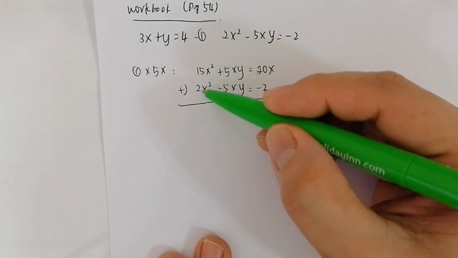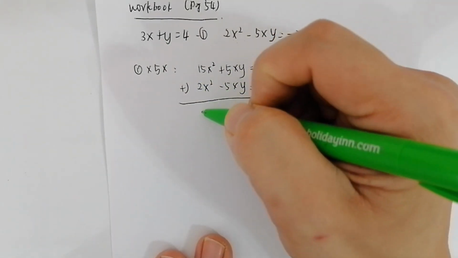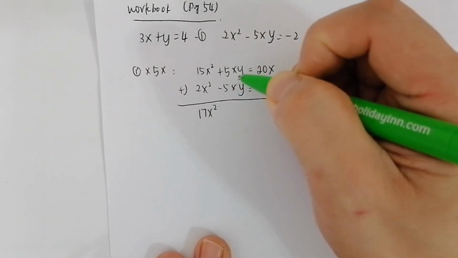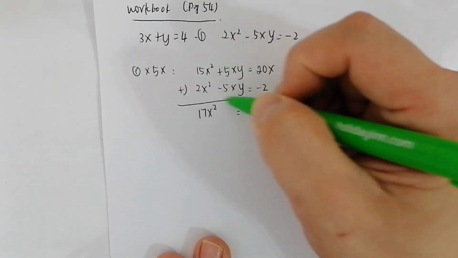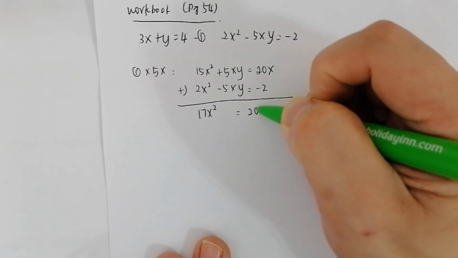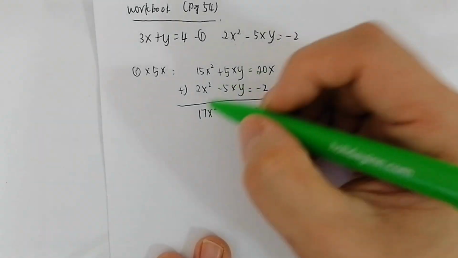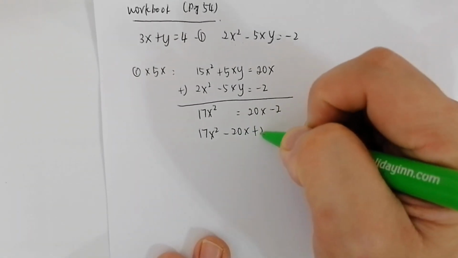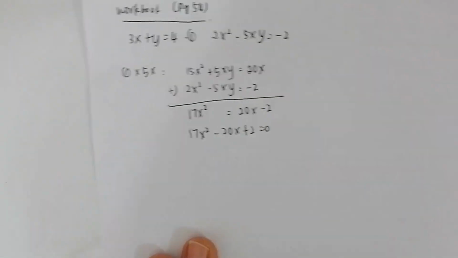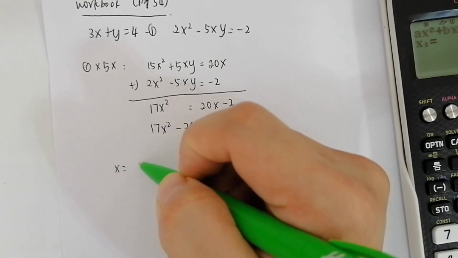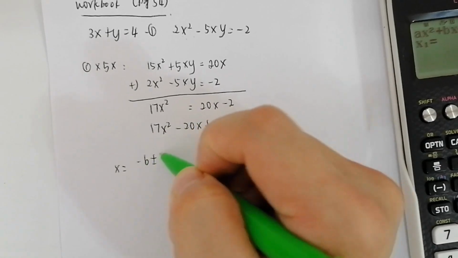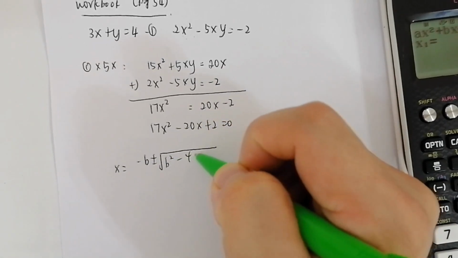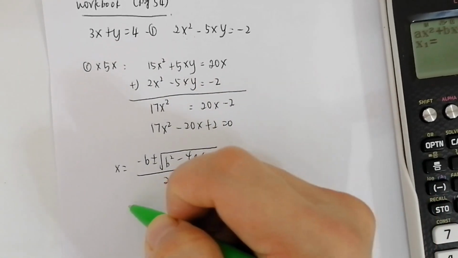So here, 15x squared plus 2x squared, we are going to get 17x squared. Here, 0. Here, you're going to get 20x minus 2. Alright, so from here, 17x squared minus 20x plus 2 equal to 0. Everything we move to one side. Use the quadratic formula, x equals minus b plus minus square root of b squared minus 4ac, divided by 2a.